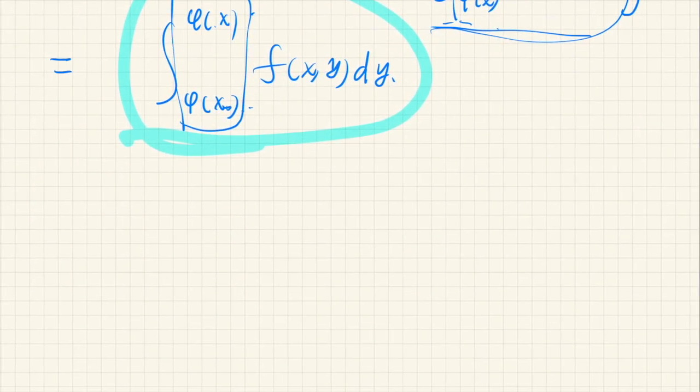Okay, let's continue. Next, recall that a continuous function on a bounded closed region is uniformly continuous.